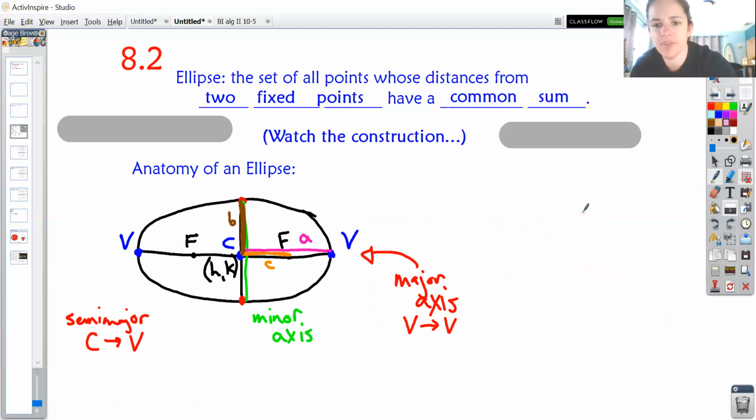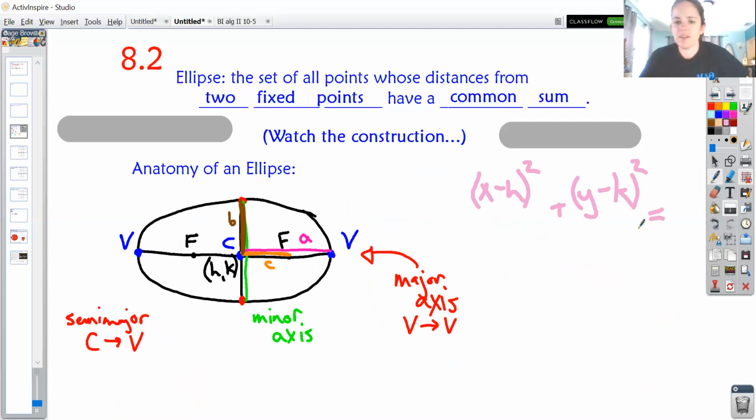So the ellipse equation would be (x minus h) quantity squared plus (y minus k) quantity squared. But instead of this equaling r squared, because we don't have a constant radius on each side, we're going to think about going ahead and just letting that equal 1.